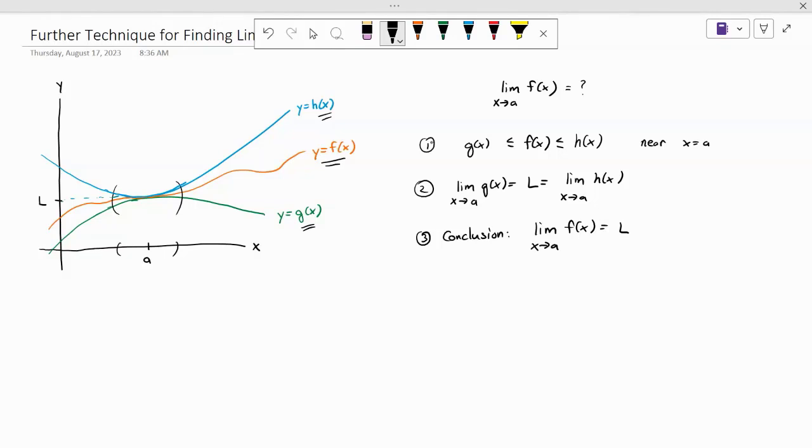Where you use this squeeze theorem is where you have a somewhat complicated function f of x, but you can somehow bound your function between two simpler functions whose limits are easier to evaluate. And if those limits exist and go to the same place, then the thing in between, our more complicated function, must have the same limit. That's the idea.